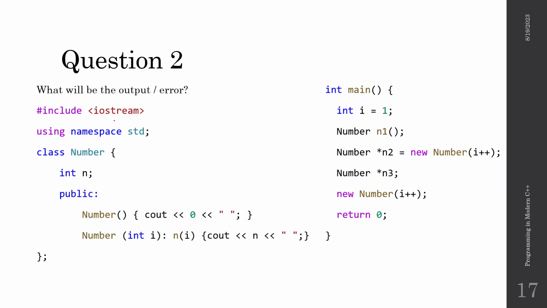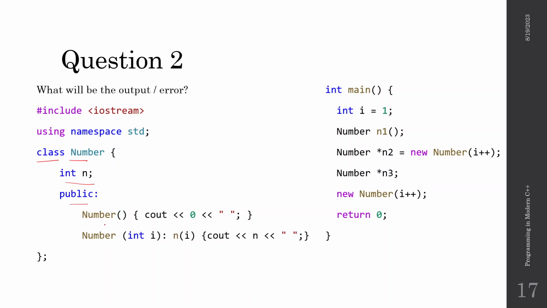This question is mainly about constructors. We have a class called number with a member n; nothing is mentioned, so this is a private data member. Now we have some public functions.